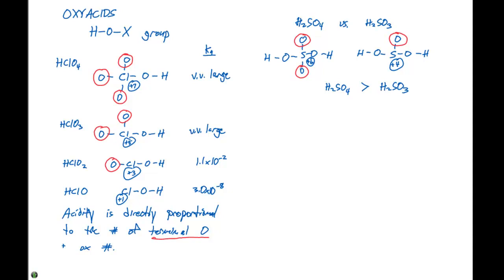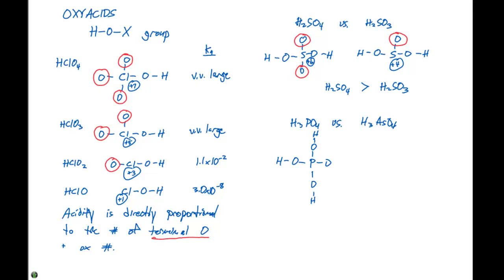Likewise, we can compare H3PO4 versus H3AsO4. If we look at these structures, both of them are going to be very, very similar. They're in the same group of the periodic table, so we have PO4 here, and we have 3 hydrogens that we have to put around this.